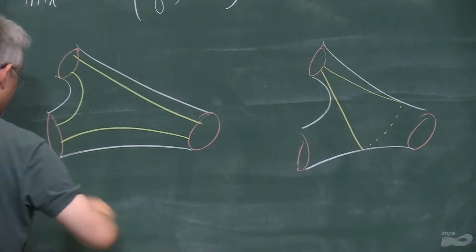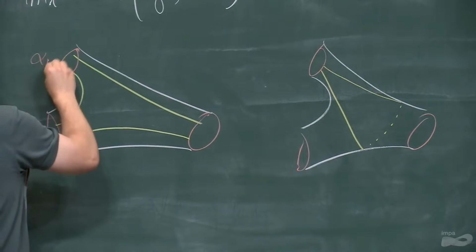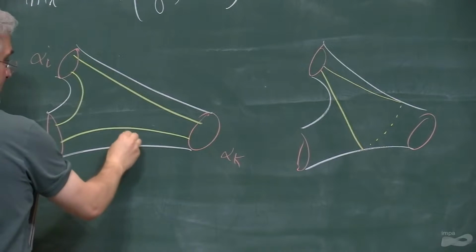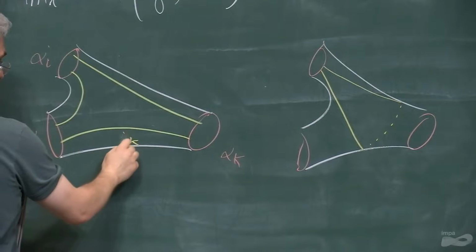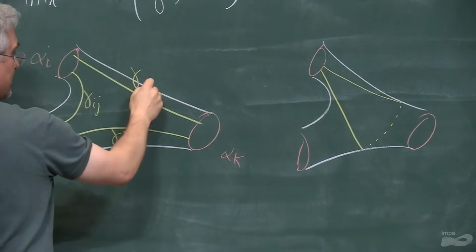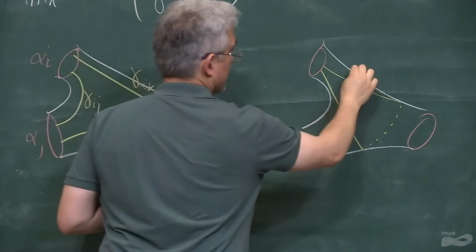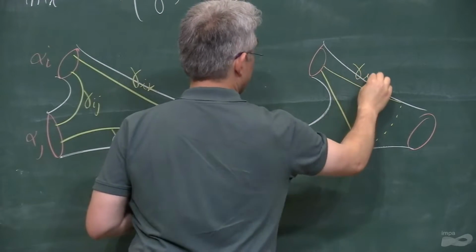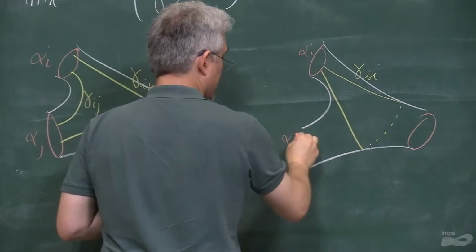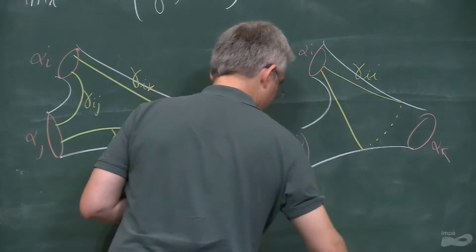So if this is alpha j, alpha i, alpha k, you have these curves of type ik, jk, you have gamma ij, gamma ik, this is a gamma ii, and then there are of course also gamma jj and gamma kk.